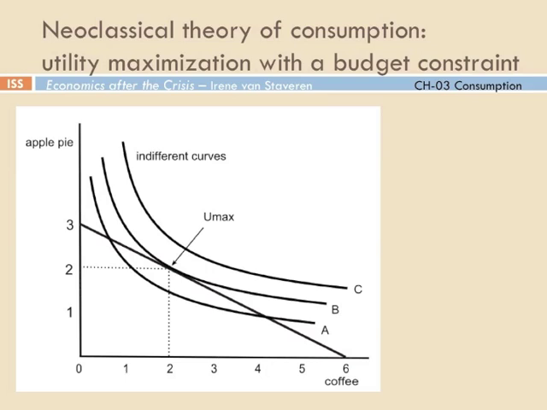So what you do is you maximize your utility given your budget constraint. The highest possible point where your budget line touches an indifference curve is the point where you maximize your utility. In this diagram, it's the point of 2 cups of coffee and 2 pieces of apple pie.